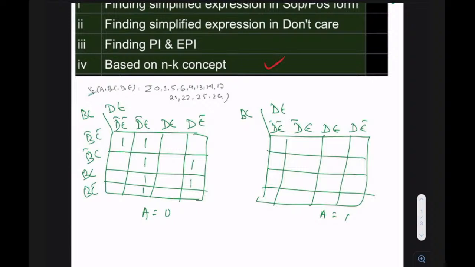Okay, then 16, 17, 19, 18, 20, 21, 23, 22, 24, 25, 27, 26, 28, 29. This is the map. All of you are getting the same map? Yes or no?